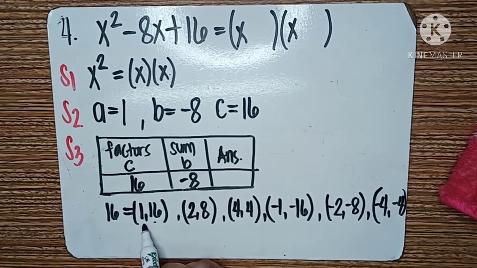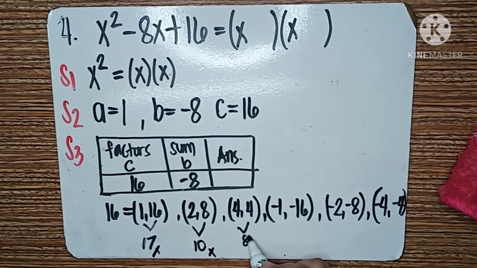1 plus 16 is equal to 17. So, hindi ito yung hinahanap natin. 2 plus 8 equals 10. So, hindi ito yung hinahanap natin. 4 plus 4 equals 8. Ang kailangan natin ay negative 8. So, mali ulit. And then, negative 1 plus negative 16 is negative 17.